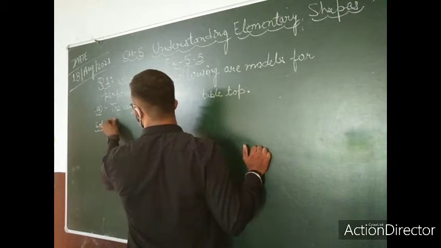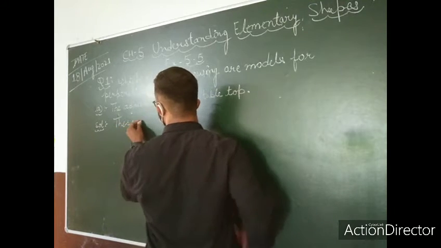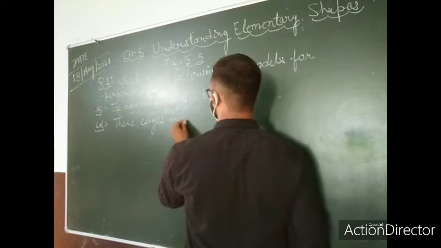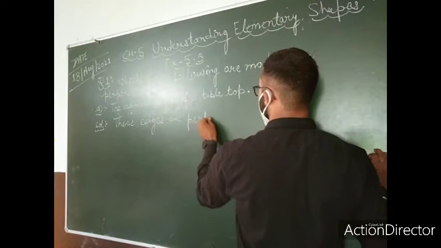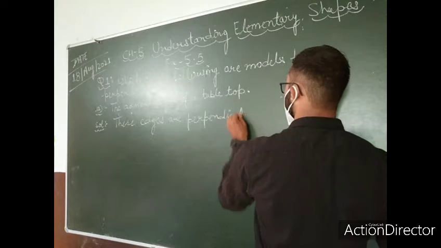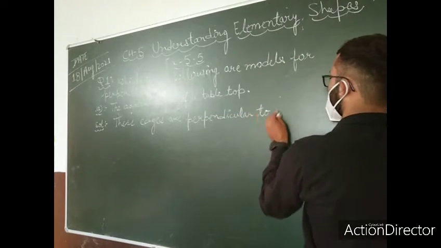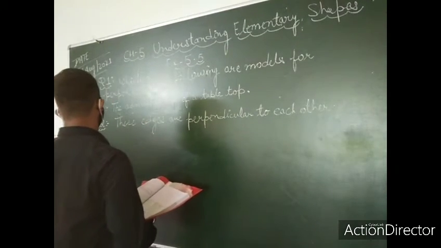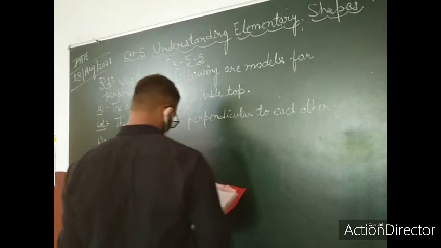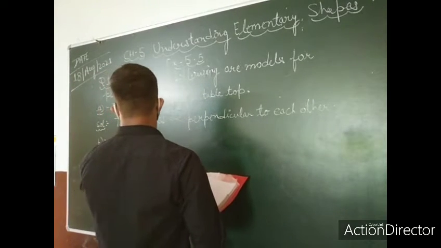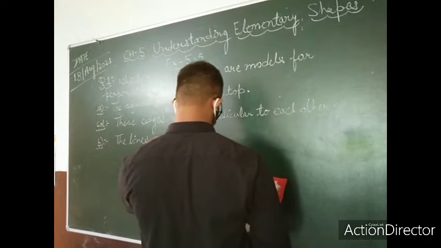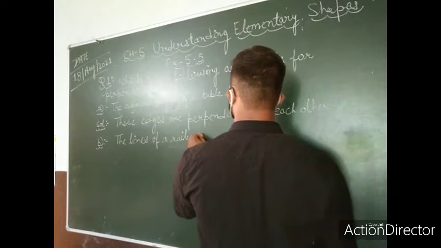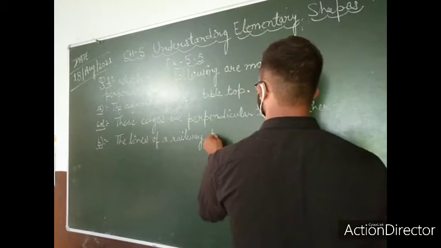So here we write, these edges are perpendicular to each other. Now the second part of this question: the lines of a railway track.